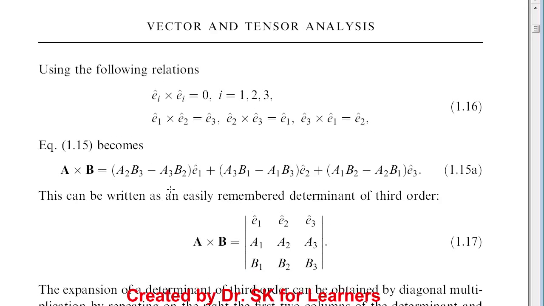As you can see here, you will have a2b3 i cap, this is j cap, this is k cap. So there are 6 terms which can also be written in the matrix form. This is i cap, this is j cap, and this is k cap.